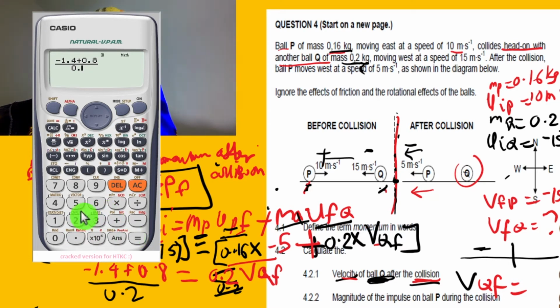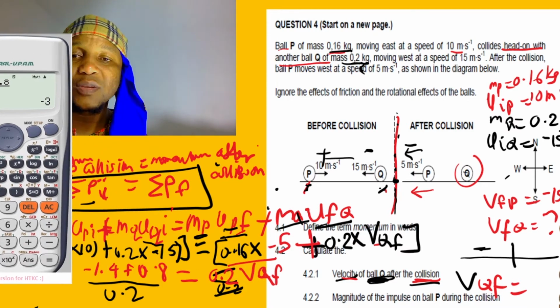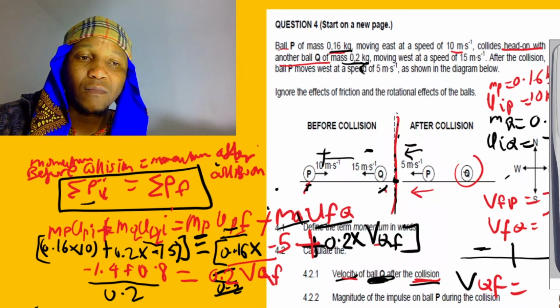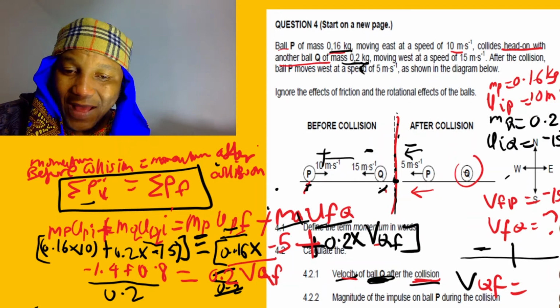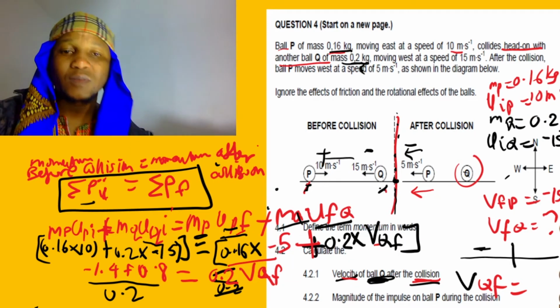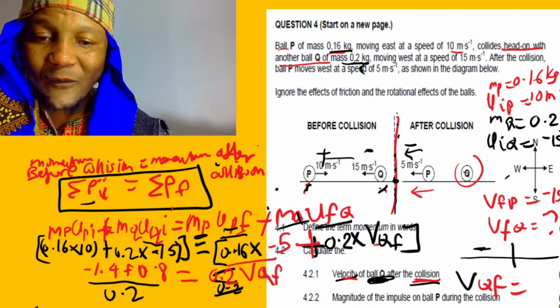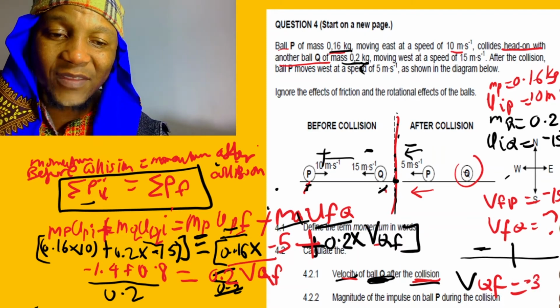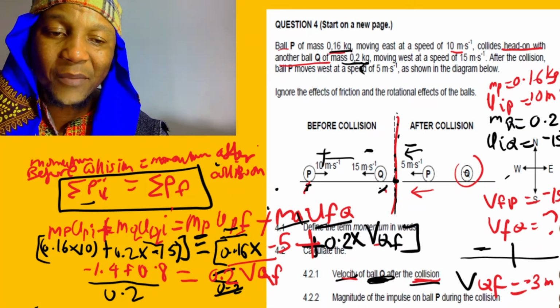And this is going to give us negative 3. So our final velocity of Q equals negative 3 meters per second.